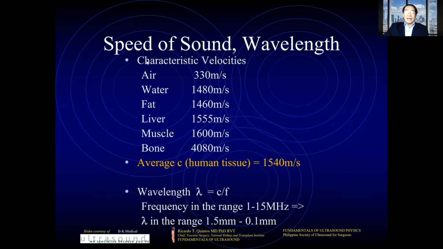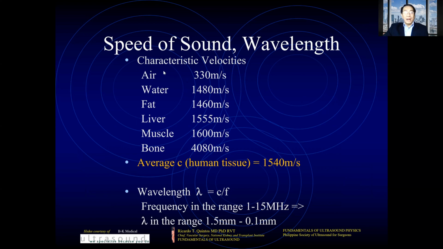So basically, the speed of sound affects the wavelengths, because we did say that the wavelength is equal to the propagation speed divided by the frequency. And the speed of sound is affected by the medium in which it passes.